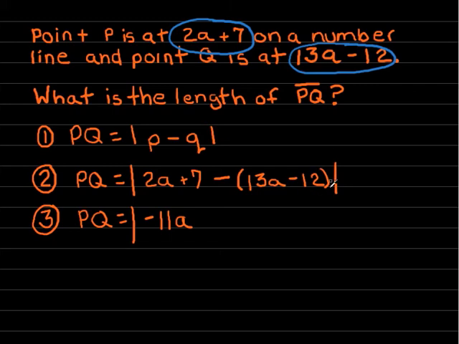So if I've got 7 minus negative 12, remember, subtraction is the same as adding the opposite. So instead of subtracting negative 12, I could rewrite this as 7 plus positive 12. So negative 11a plus 19.